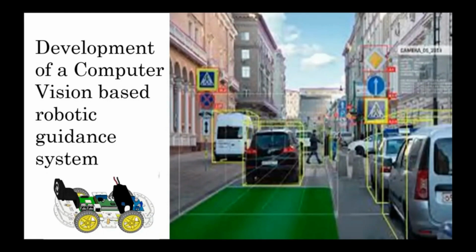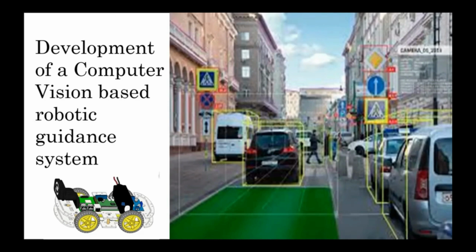Let's talk about some upcoming projects in this channel. Currently I am developing a computer vision based robotic guidance system. Here, as you can see, is the car I will be using. I have generated this car in 3D parts, then I used a Raspberry Pi with an onboard camera.